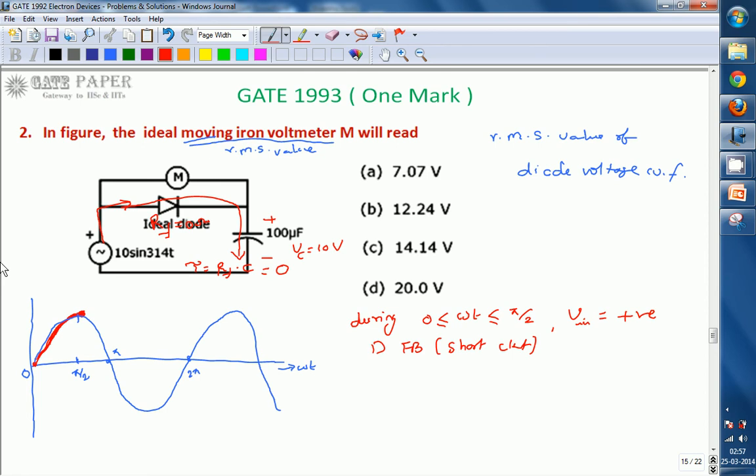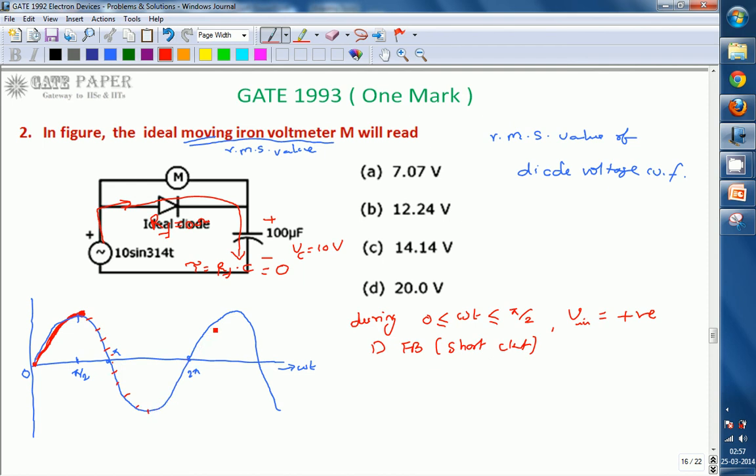In all the other portions, the value is always lesser than 10 only. It may be 9.5, 9, 5, 3, 2, 0, minus 1, minus 5, minus 8, minus 9, minus 10.